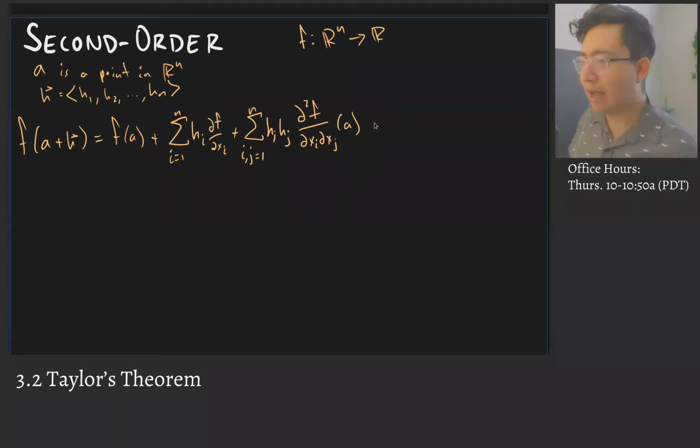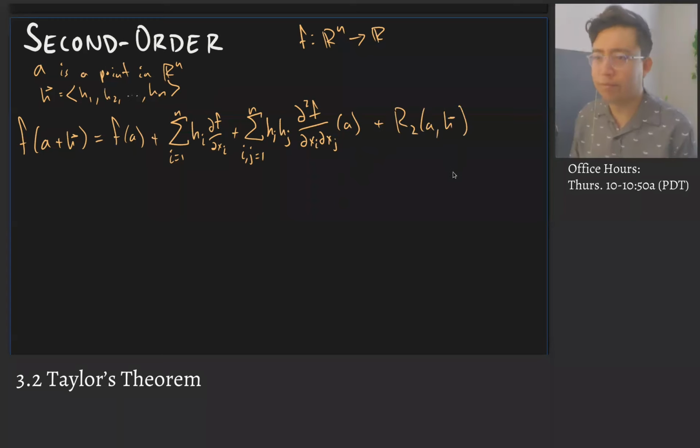And then we're going to add to that R2 of a, h. So the new term here is the second order term.